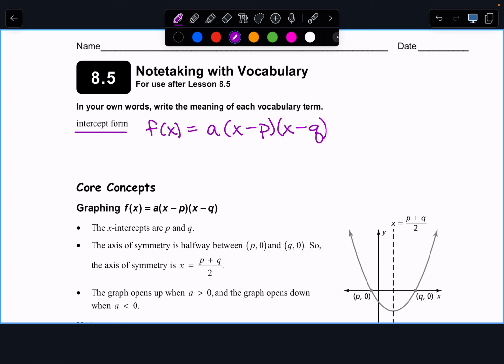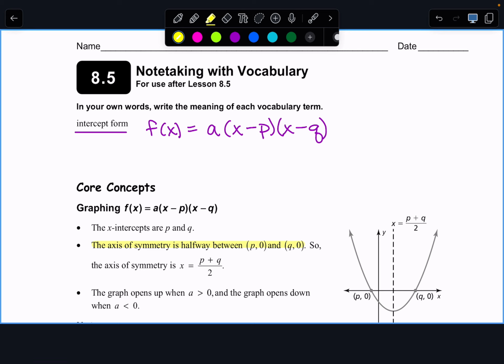Then we know exactly what Theo said. The axis of symmetry is halfway between our two x-intercepts. And boom, we can find our vertex.